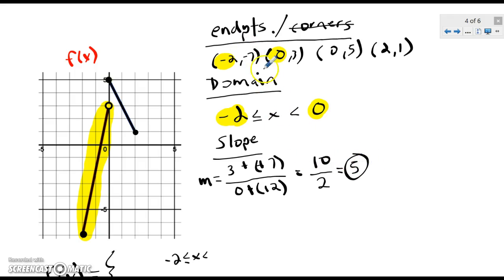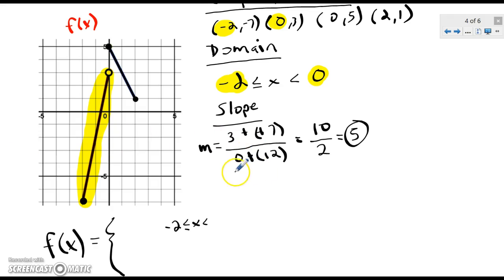Let me circle that. We have points up here. Remember, we can use the point-slope formula to get the equation of this first interval.